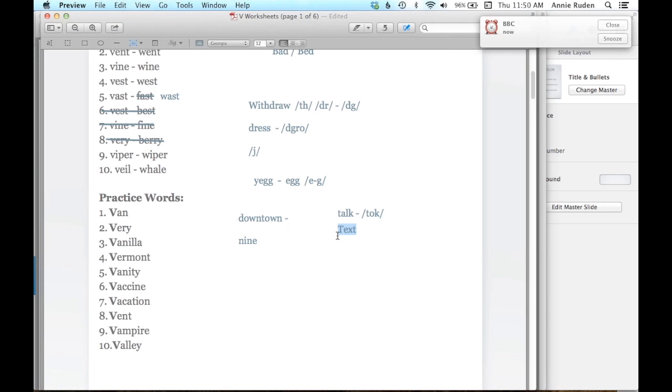Same thing for walk, and stock, or flock. Well, flock isn't spelled with an L. Walk is just pronounced that way, W-O-K. So you don't have to say walk or talk with the L sound. No L there.